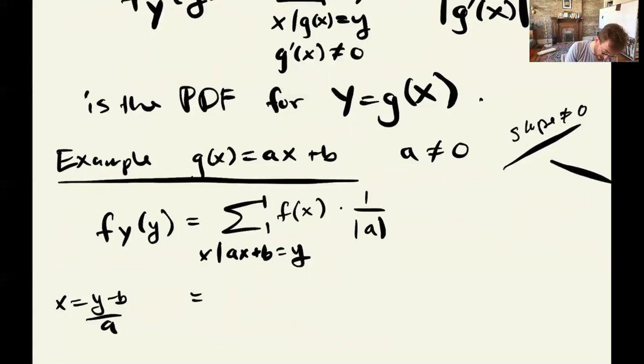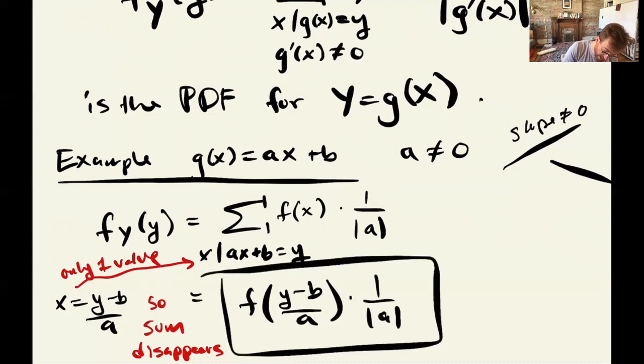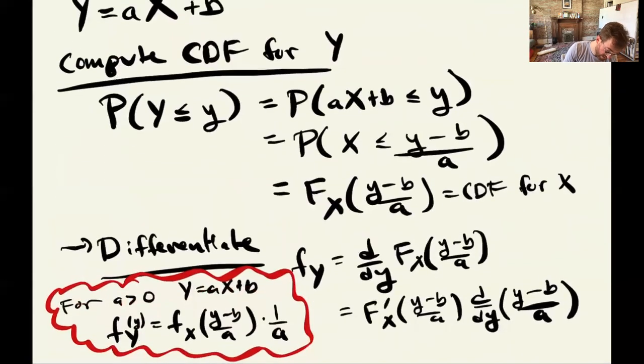So there's only one value, and the sum disappears. And we obtain instead f of y minus b divided by a times 1 over a, which is exactly the formula that we had over here. But now we can work even with negative slopes.